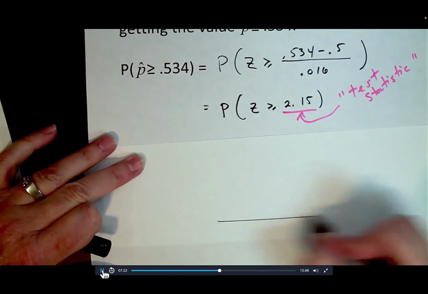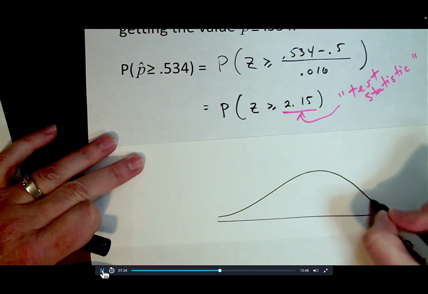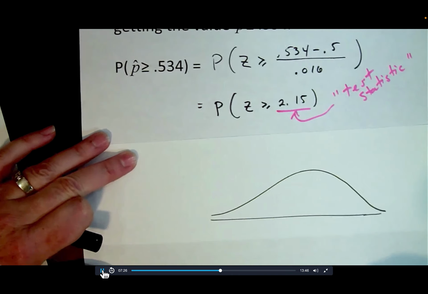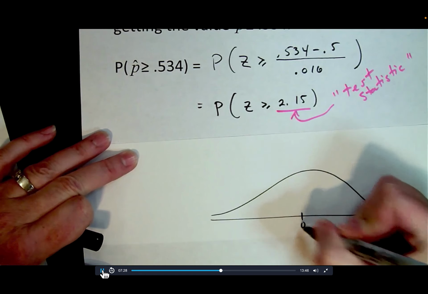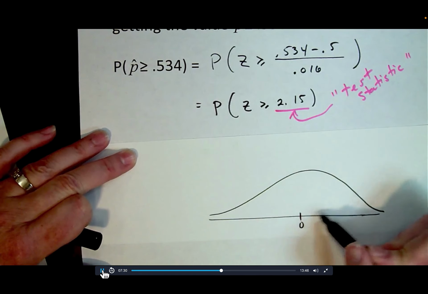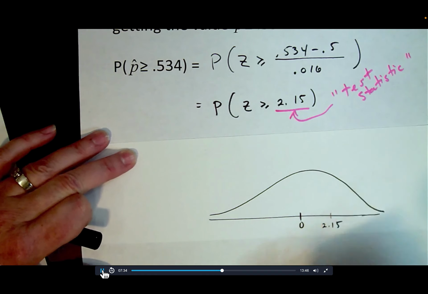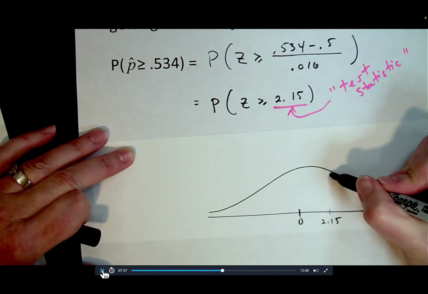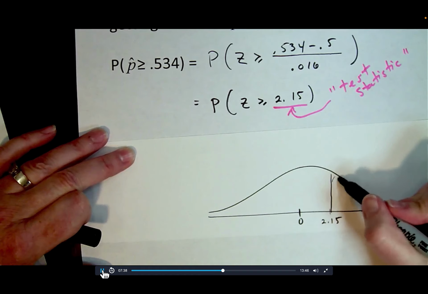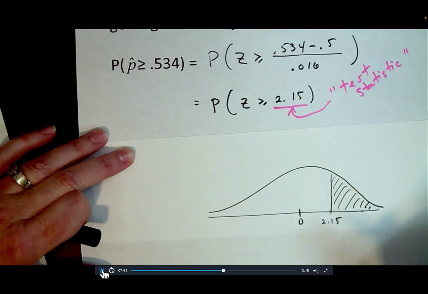Okay, so here's my table. And remember, the mean is in the middle, 0 in the middle. I'm looking for area to the right of 2.15, right? It's a right-tailed test because we're investigating the probability of being greater.